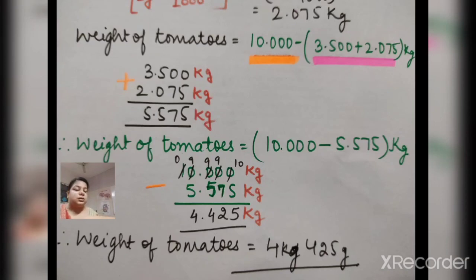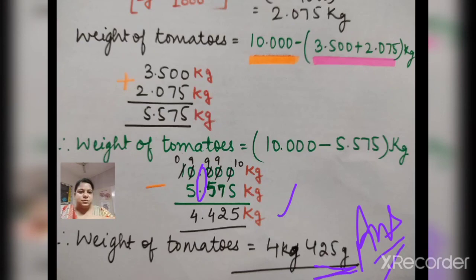Again we have set the numbers so that decimal should be below the decimal, and after the subtraction, you got 4.425 kilograms. Again this will become 425,000th, which means it is 425 grams. So the total weight comes out to be 4 kilograms, 425 grams.